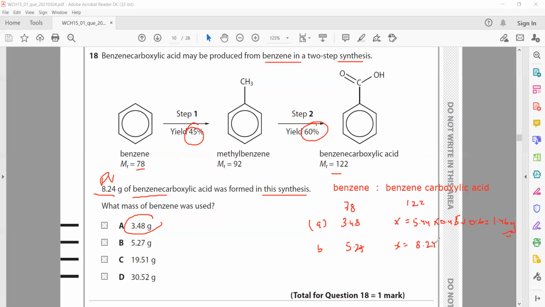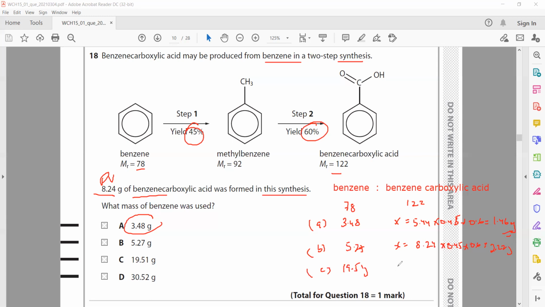Theoretically I should get 8.24, but practically, times 0.45 times 0.6, I'll only get 2.24 grams. If C was there, like 19.51 grams of benzene, then it should be 19.51 times 122 divided by 78.